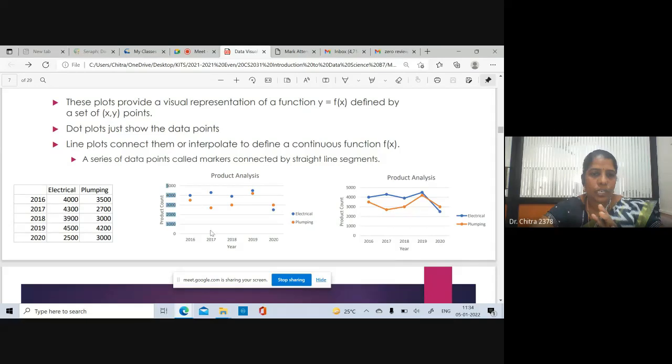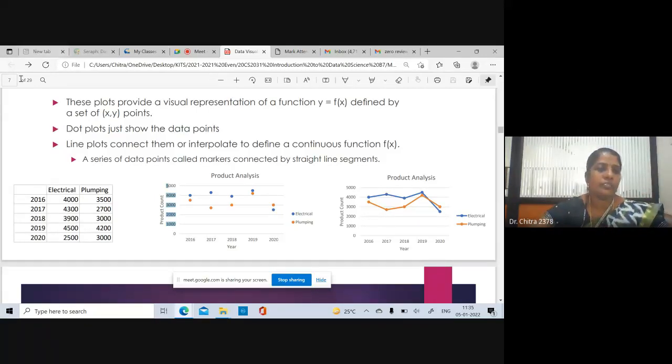2017 is 4300, so 4300. When you are selecting the range, you should be aware of the vertices, that is the y axis and x axis. On the x axis you just give all these values, but on the y axis select the range such that it is appropriately fitted to the given values.